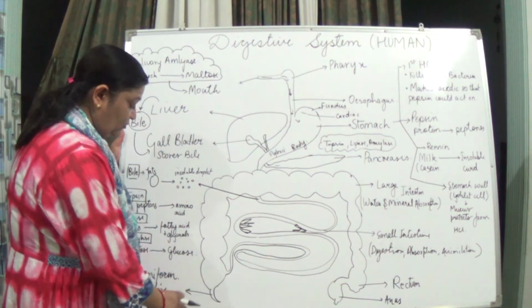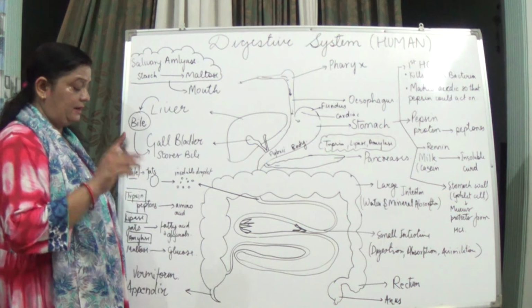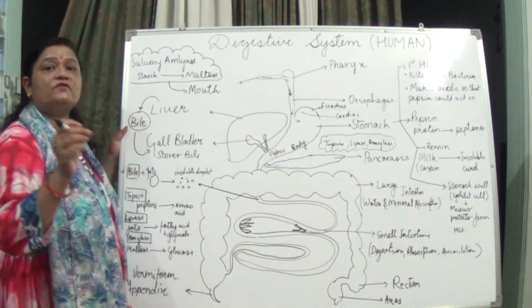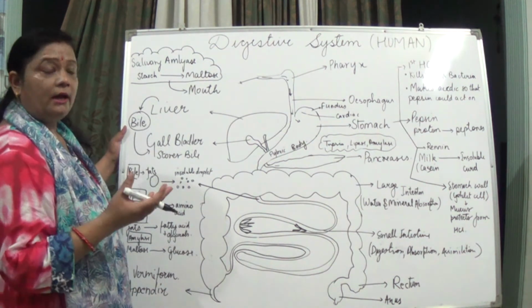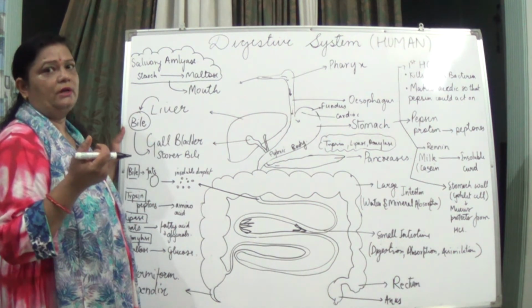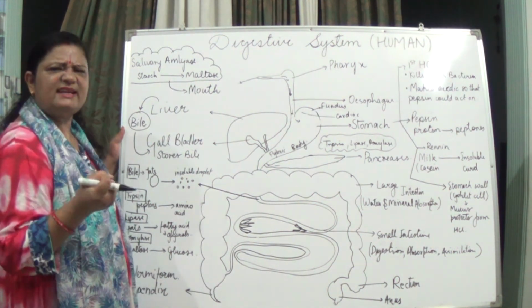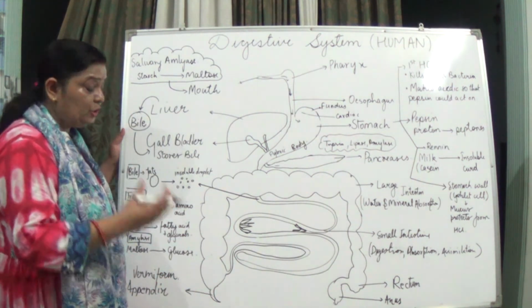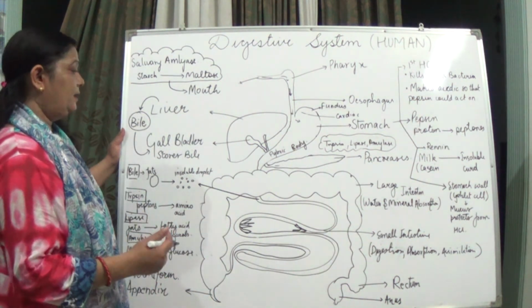This vermiform appendix was functional in our ancestors, because it helps in the digestion of cellulose. Initially, our ancestors used to eat uncooked food, and for its digestion this appendix was used.